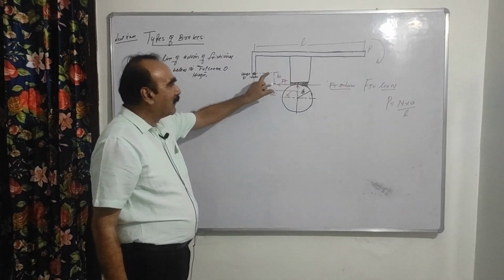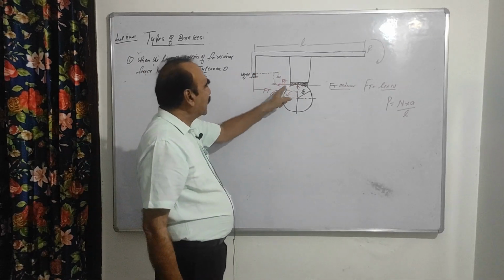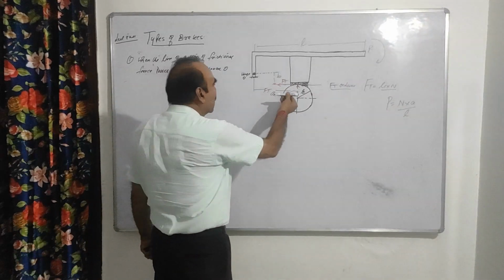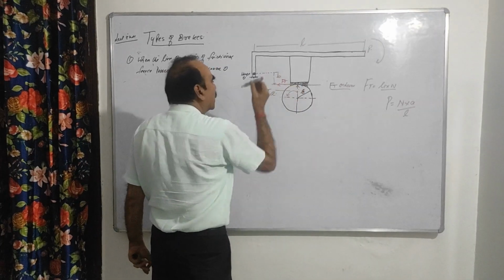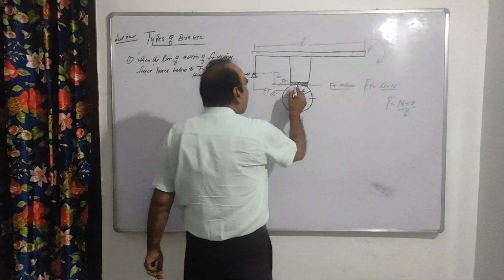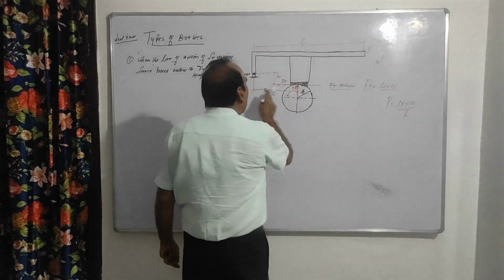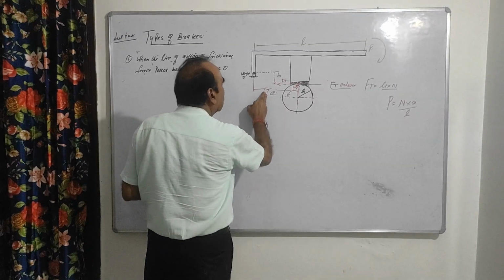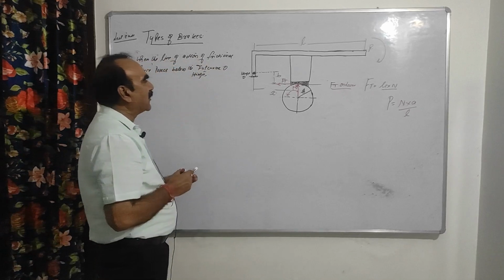You take the free body diagram of the lever, and the force on the lever, when the drum is rotating anti-clockwise, is in the same direction as the drum is rotating. So the force is in this direction, Ft, you understand? And the normal reaction force will remain the same. This is your N, all the other parameters are the same.